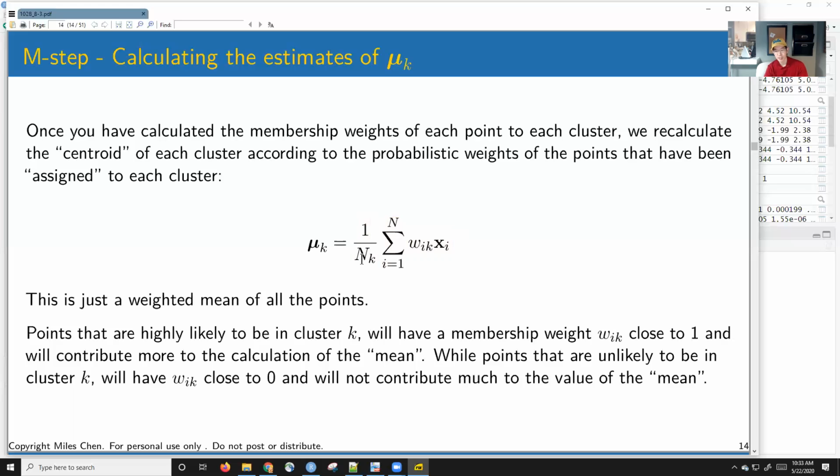I think you guys are familiar with the concept of a weighted mean, that you're just weighting certain points more heavily than others, and that's what we're doing, using their Bayes probabilities. And that's how we're going to calculate the centroid of each of these clusters. So we're using a weighted mean for the centroids.